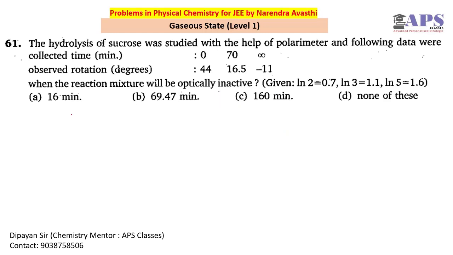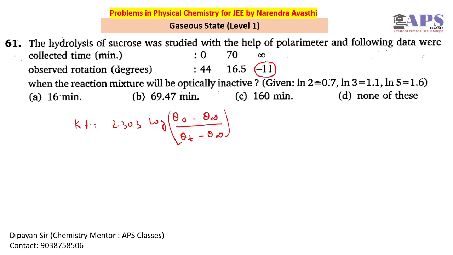In question number 61, it is a case of inversion of cane sugar, which is a pseudo-unimolecular reaction or pseudo-first order reaction. So we can write Kt equal to 2.303 log (theta 0 minus theta infinity) divided by (theta t minus theta infinity). Here we have some information given.